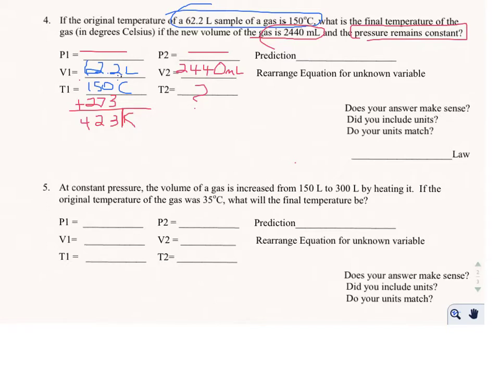In order to turn milliliters to liters, you need to use the fact that for every liter, there are 1,000 milliliters. And you need to divide 2,440 by 1,000 to get 2.44 liters.